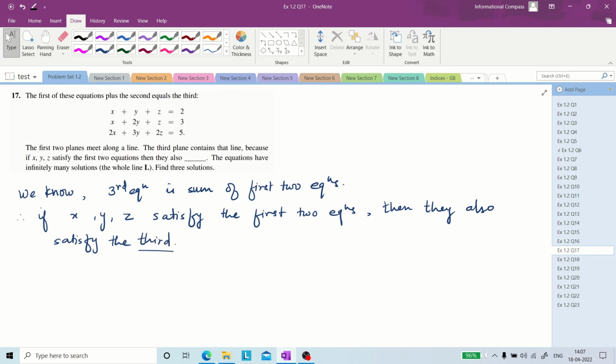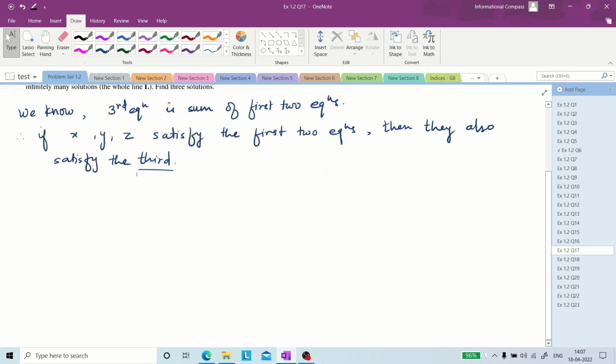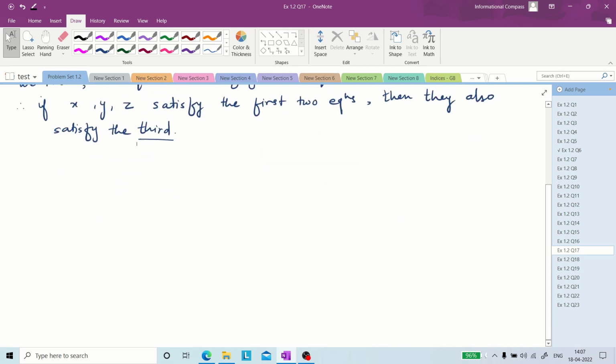Yes. So now what we'll do, we'll try to find out the three solutions of the given system of equations.